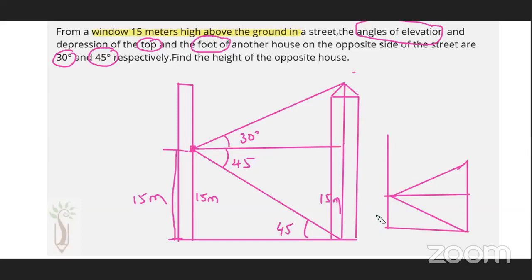This is 15. This is 15. This is 30, 45. From here to here is H. From here to here, X. All got this? Yes, ma'am.